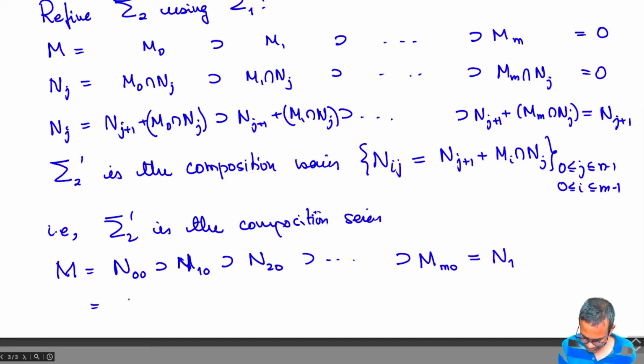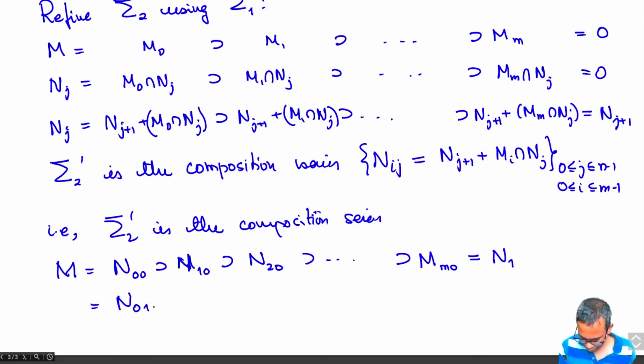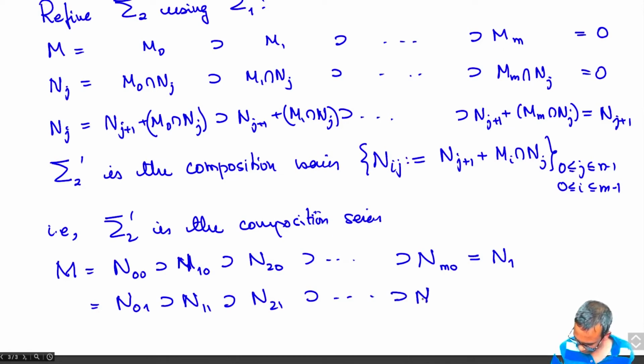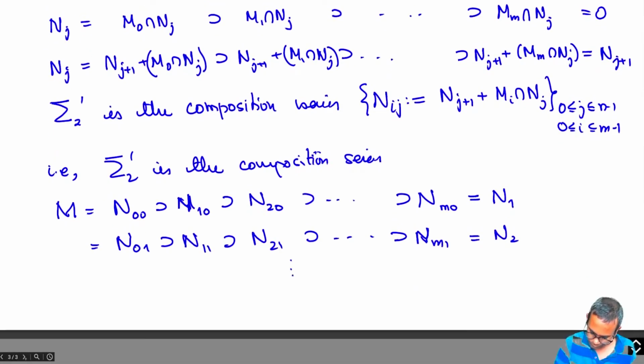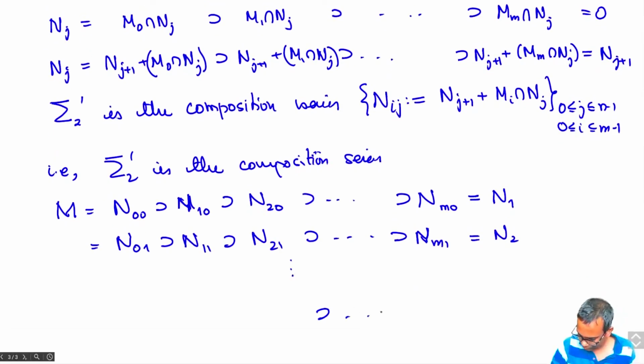And then this is the same as N01, which contains N11, which contains N21, and so on, all the way down to Nmn, which is Nn, which is 0. So this is a refinement of the composition series sigma 2.